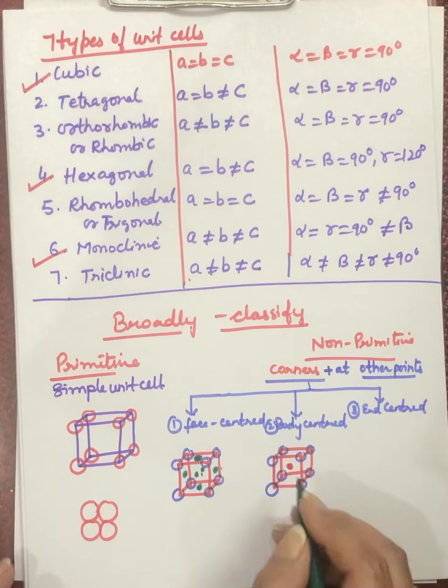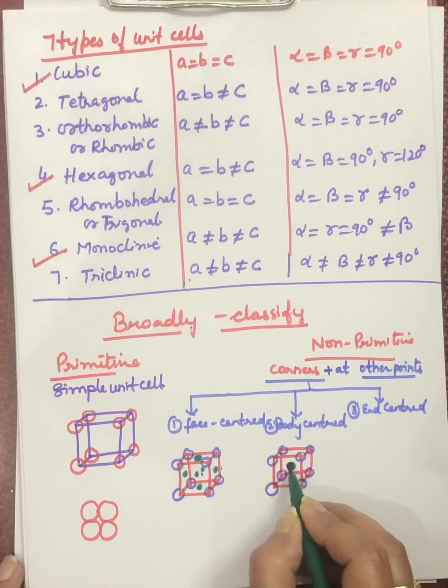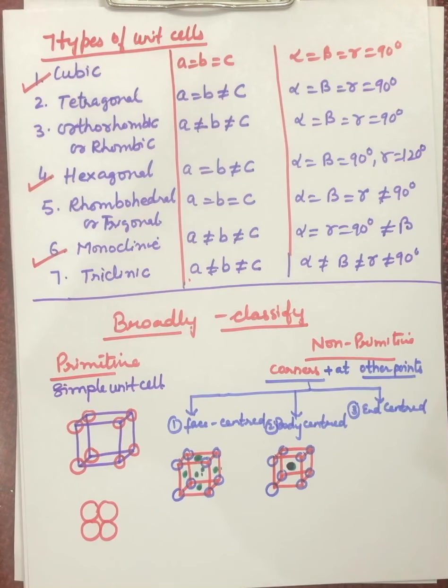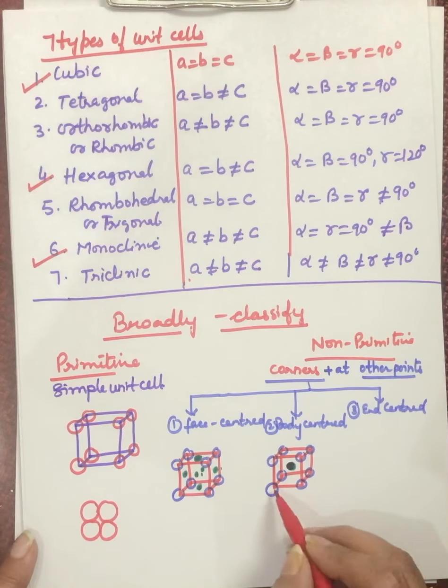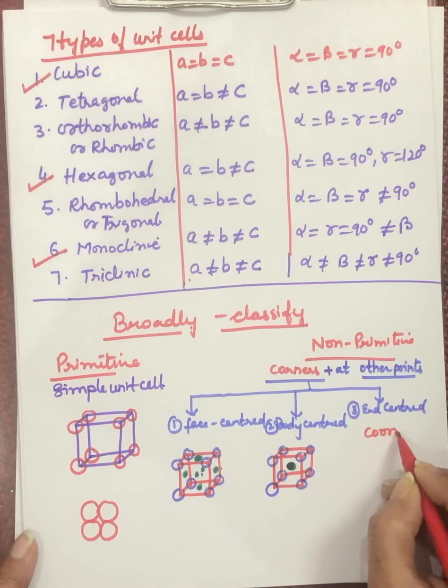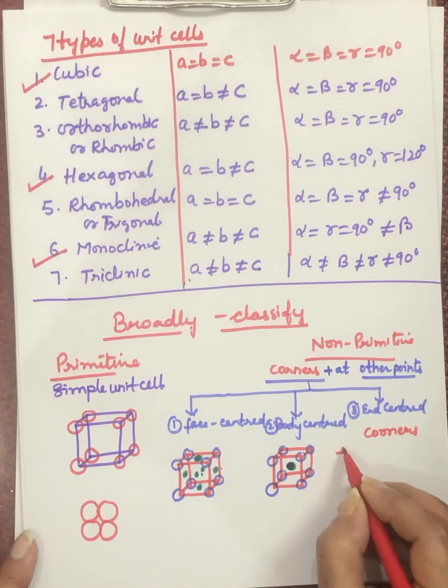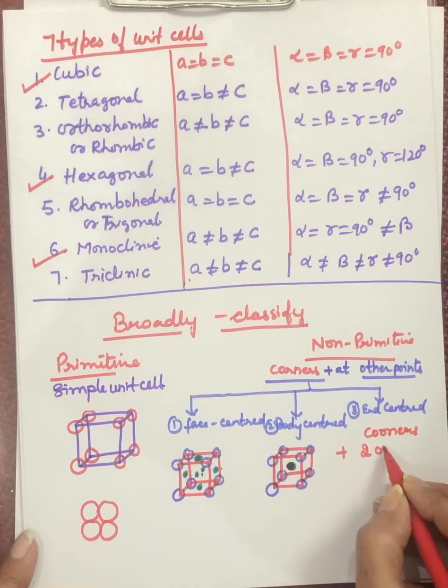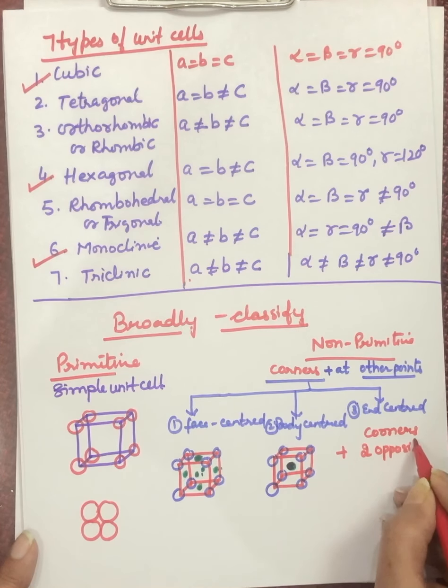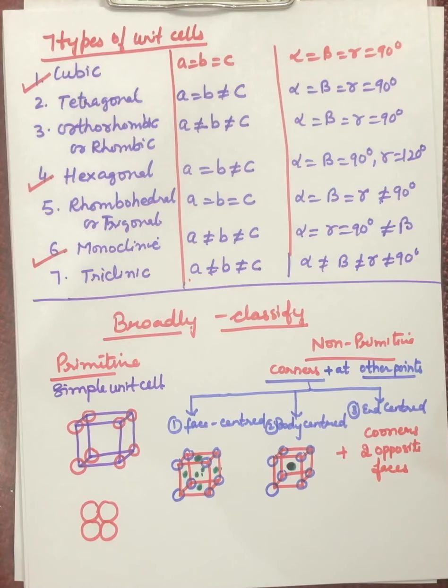If we see the particle here in the center, then that unit cell is known as body-centered unit cell. End-centered unit cell is one where particles are present at the corners, plus they are also present at the center of 2 opposite faces. Not at all the faces, just present at the center of 2 opposite faces. Then that unit cell is known as end-centered unit cell.